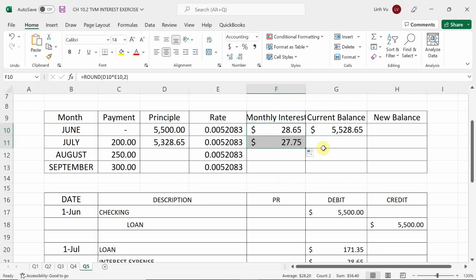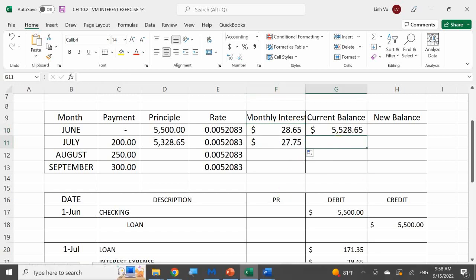Excellent. So therefore, what's my bill going to tell me how much I owe, plus the interest? 5,356.40. Good.